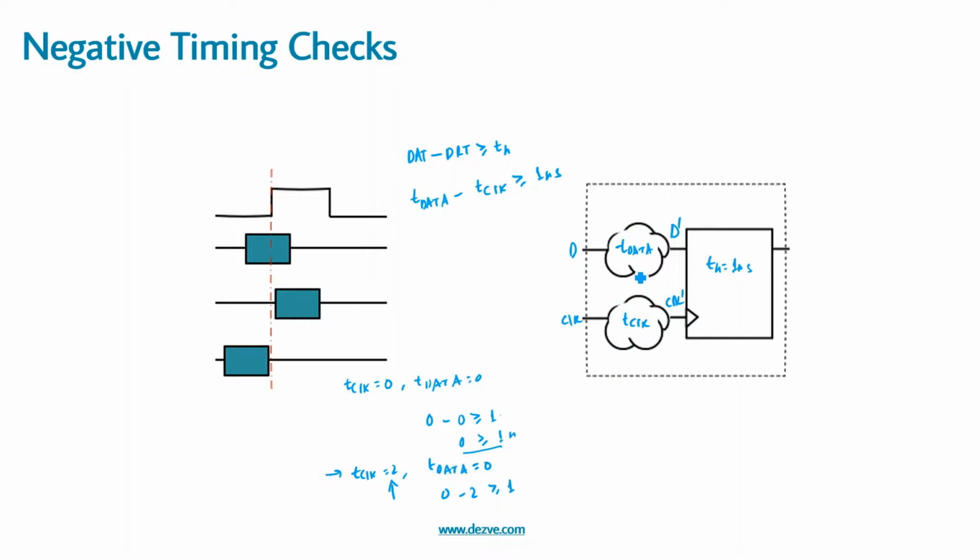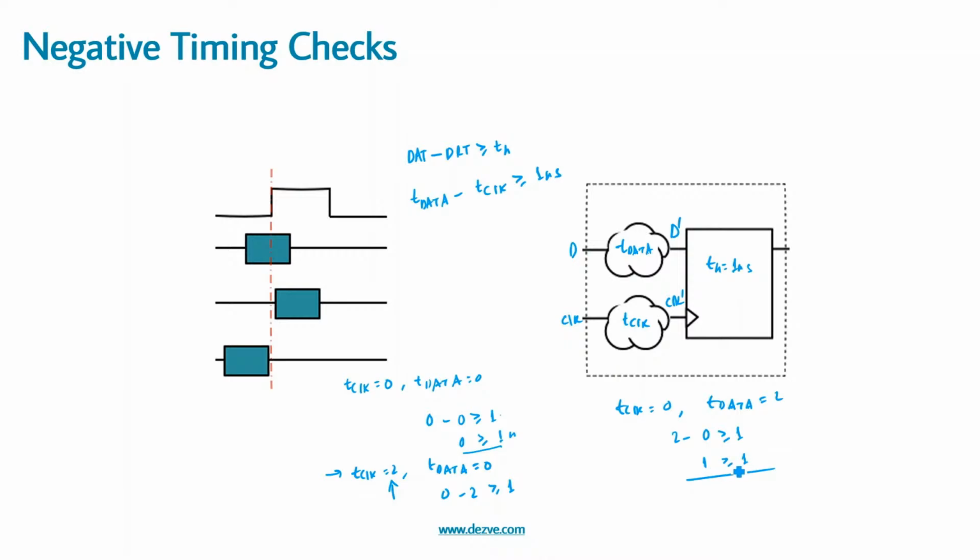Now what if we increase the data delay for this? So assume the T clock was 0 and T data was 2. So in this case it will be 2 minus 0 greater than or equal to 1. So in this case if you see we are matching the requirement for our hold, correct?